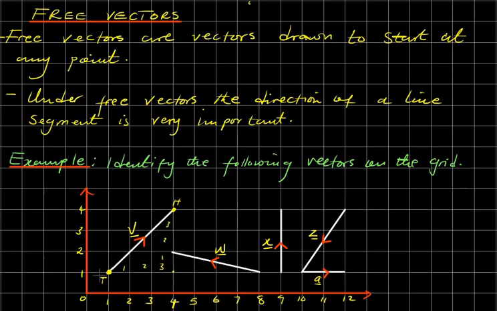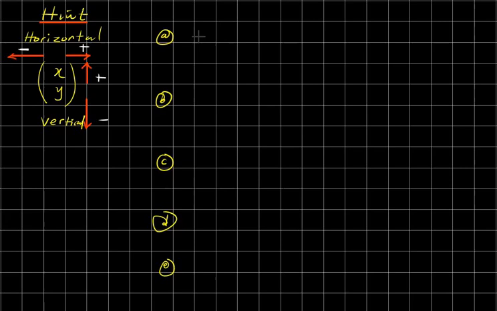Alright, so writing this vector V in column form, it will simply be equal to, we have moved 3 units across, so that will give us 3, and then we have moved 3 units up, so again we write 3 there. Like this, it means that we have written the vector V in column form.